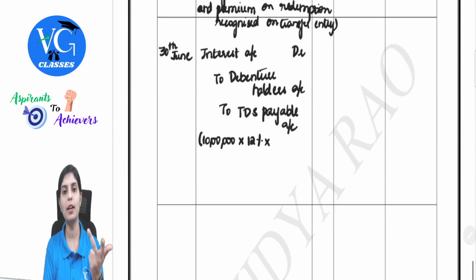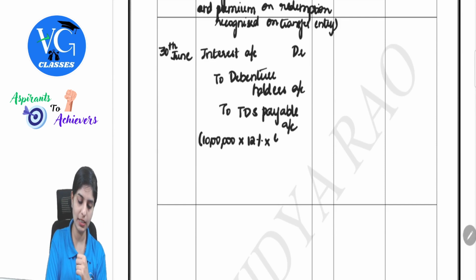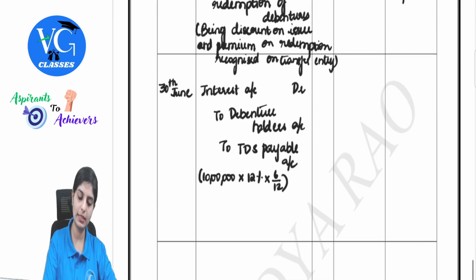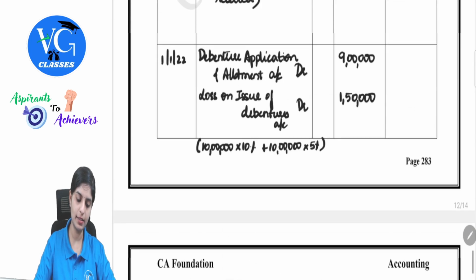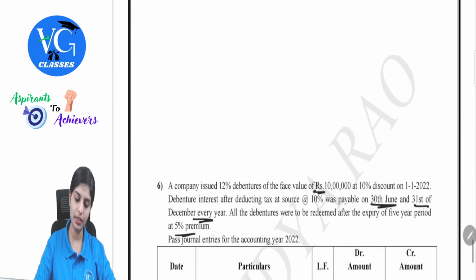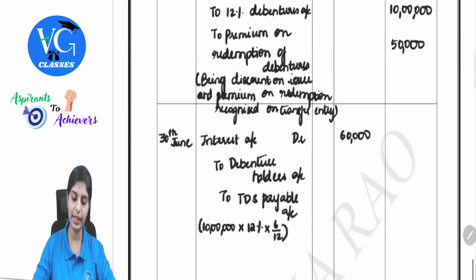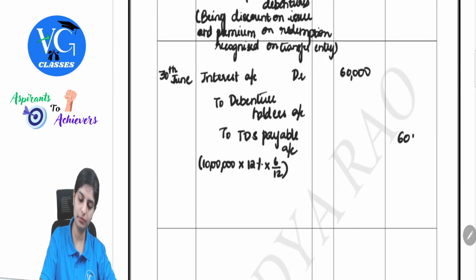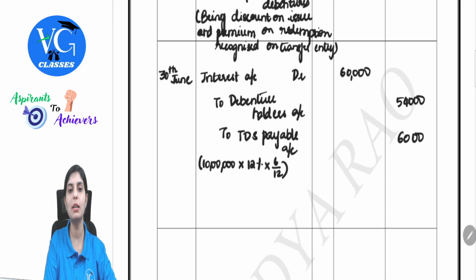So Jan, Feb, March, April, May, June, 6 months, 6 by 12. 10 lakh into 12% into 6 by 12 will be 60,000. For interest, TDS rate is given in the question at 10%. So on 10%, this will be 6,000. 54,000 will go to debenture holders because ultimately that is their income on which they are supposed to pay tax.